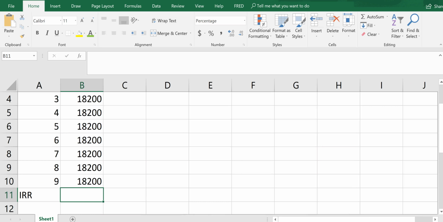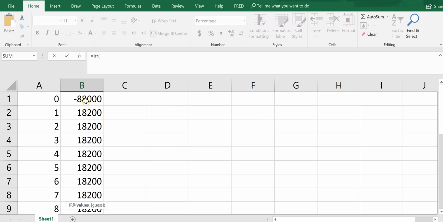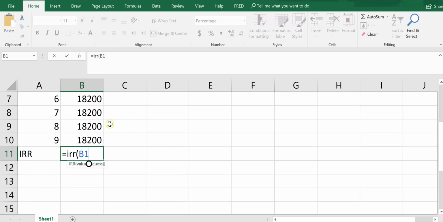Let me zoom in so you can see more clearly. Equals, in Excel there's a function called IRR, open parentheses, values. You can see the first argument here is values. We start from the very first cash flow, the current negative cash flow, and then pull down your mouse all the way to the last cash flow, the year 9 cash flow.